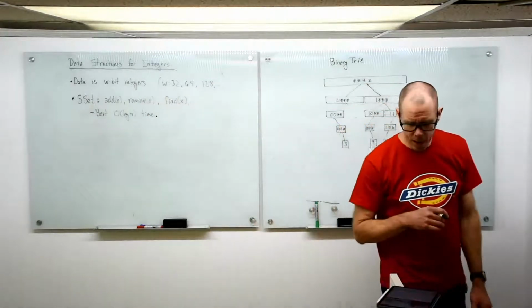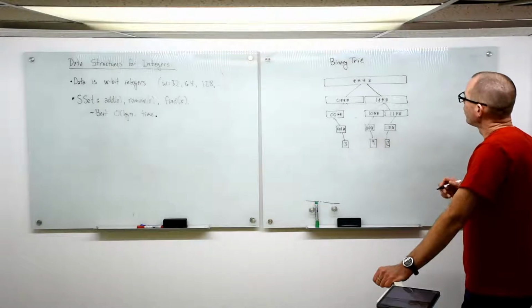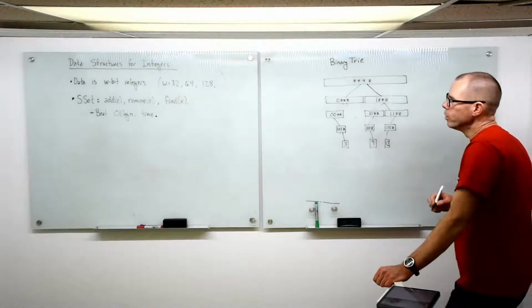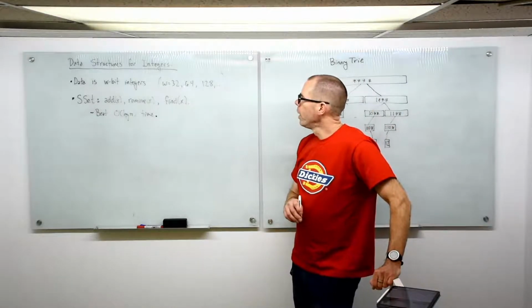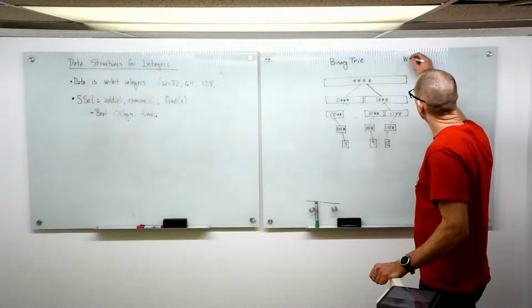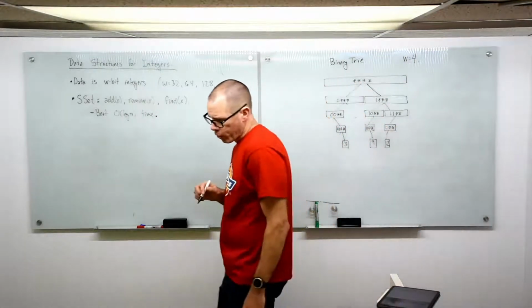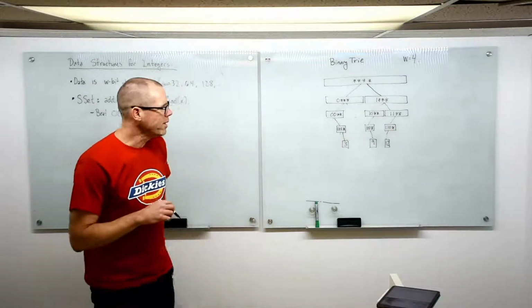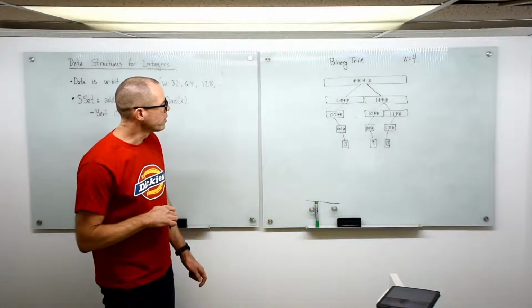All right. And here's an example where, of course, I can't draw examples where W is 32 or 64. So here's an example where W equals 4. I know this is a little bit trivial, 4-bit integers. There's only 16 of them, so you can imagine it's not difficult to store them.